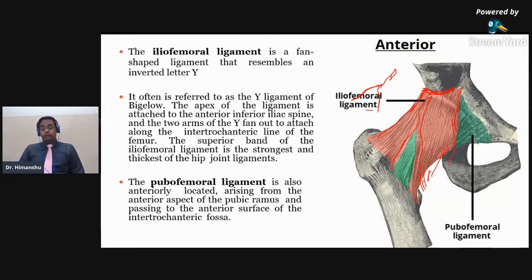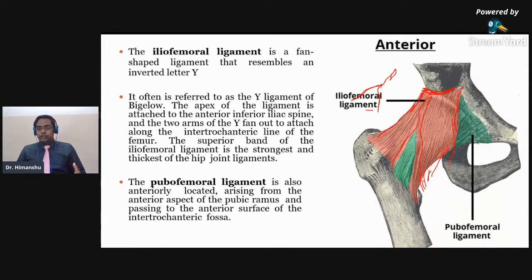And let me tell you one more thing: because of the higher concentration of collagen in the iliofemoral ligament, it is one of the strongest ligaments of the body. If you don't know, I'll tell you that people who are paraplegic use the tensile strength of this iliofemoral ligament to stand with the help of an HKAFO.